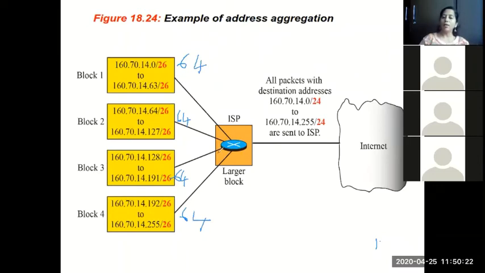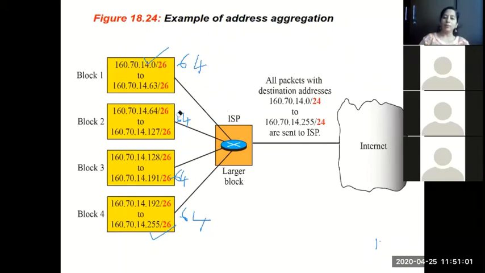Now, the whole organization will be combined by this ISP and represented on the internet by the address 160.70.14.0, the first address, to the last address 160.70.14.255/24. So the complete organization will be represented to the rest of the world as one unit, and this larger block is combined by this internet service provider.